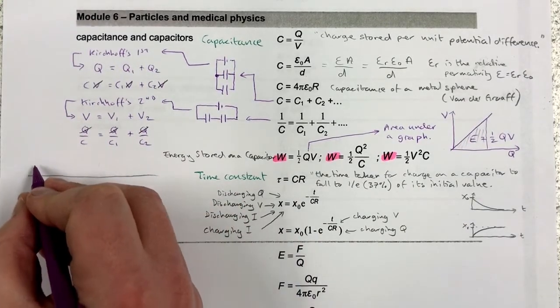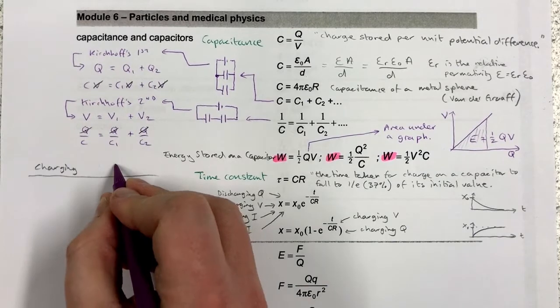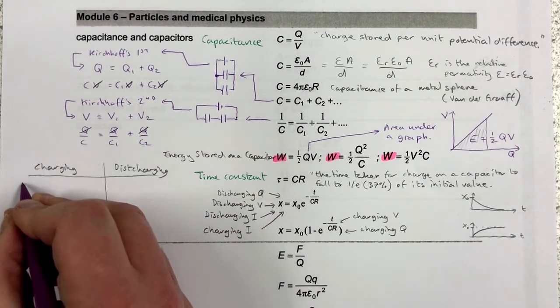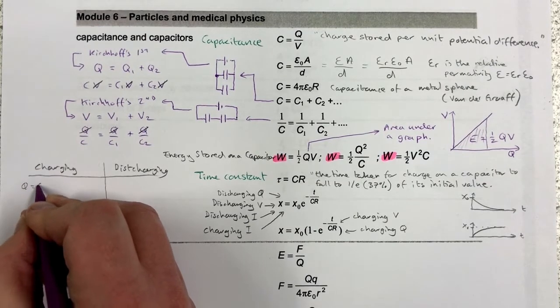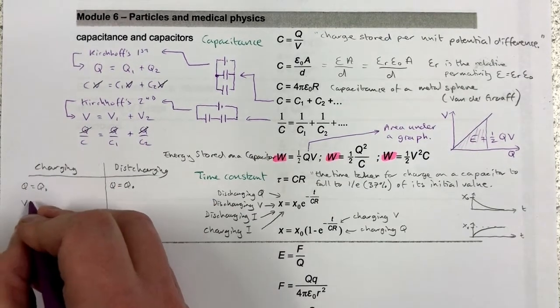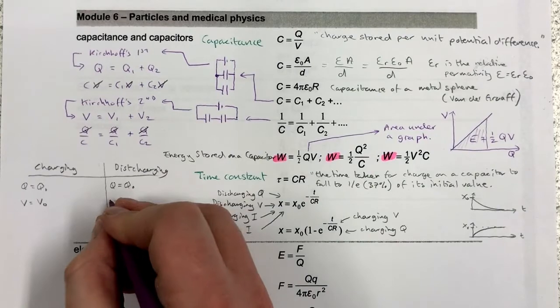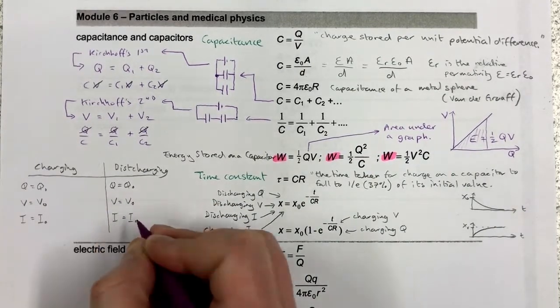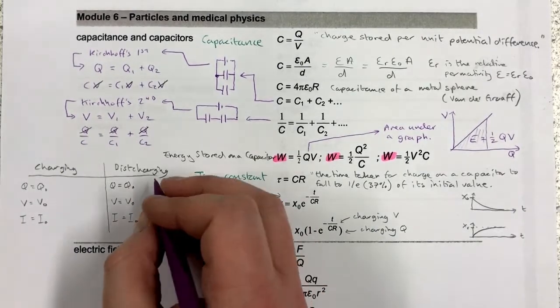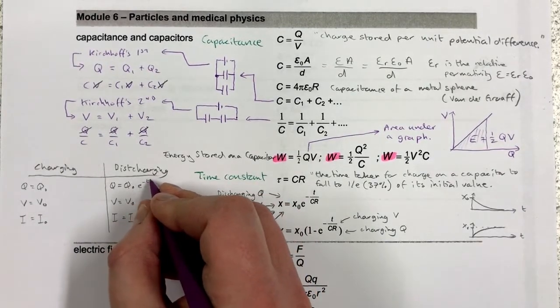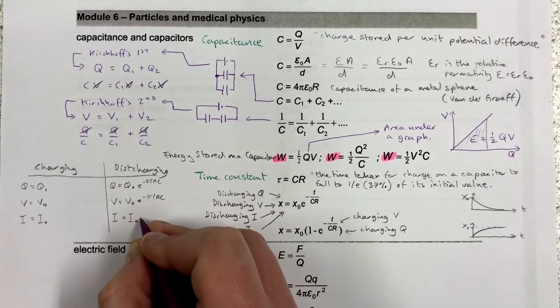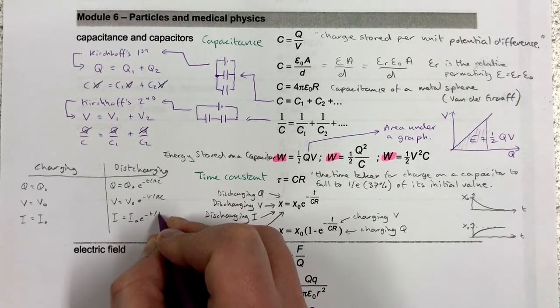So if I did a quick table here of charging and discharging and did a like for like comparison for looking at the charge over time, both sides, the potential difference changing over time for both sides, and the current changing over time for both sides. The discharging side is e to the minus t over RC, e to the minus t over RC, e to the minus t over RC.